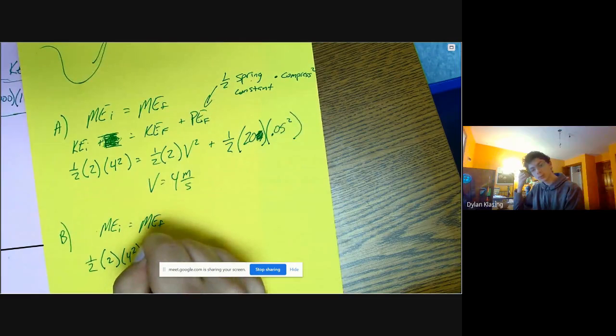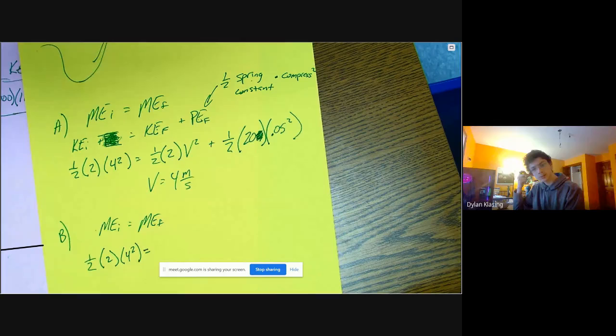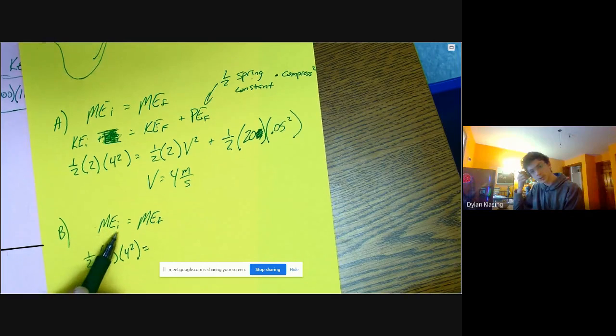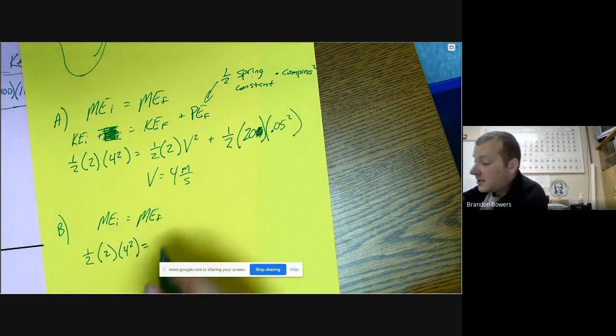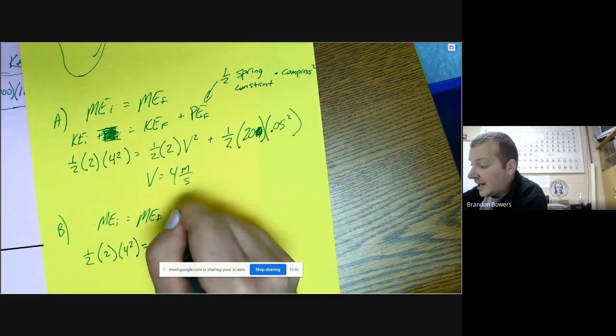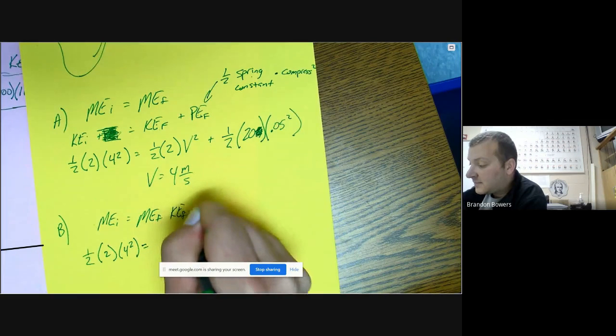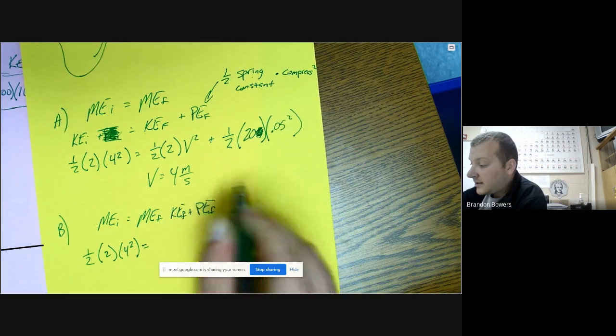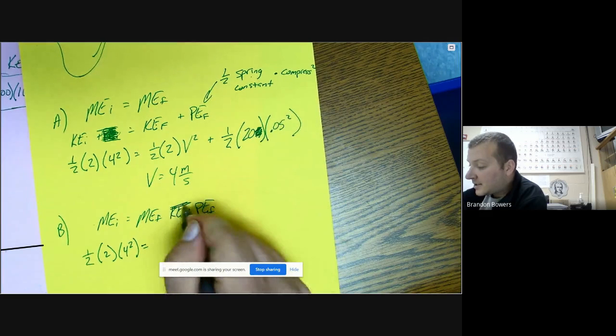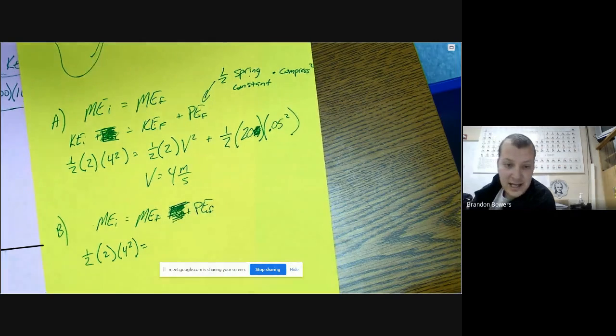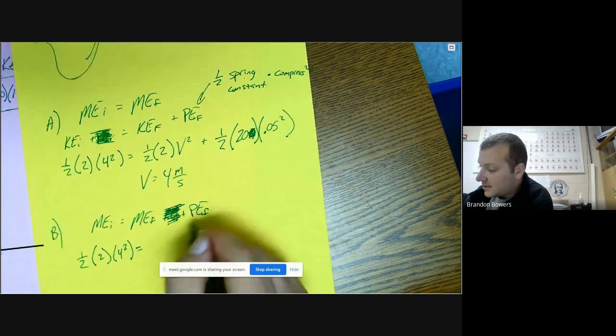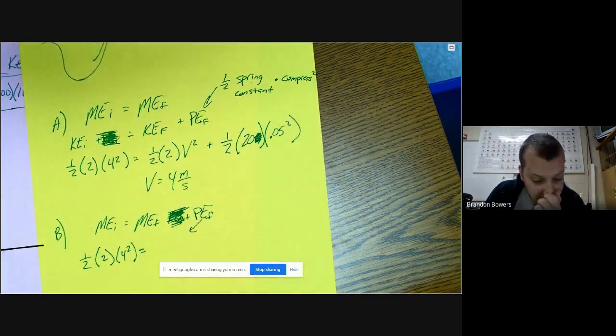But for the maximum, when fully compressed, would the velocity be 0? So it would just be equal to the potential energy final. Yes, correct. So the kinetic energy final is going to be 0, so we're not going to factor that in. So this is going to equal the potential energy final.